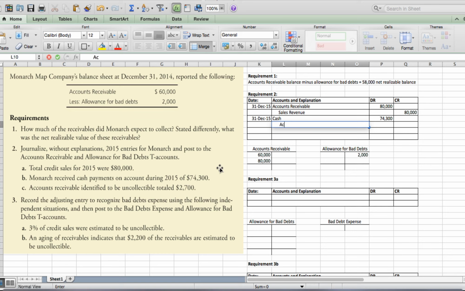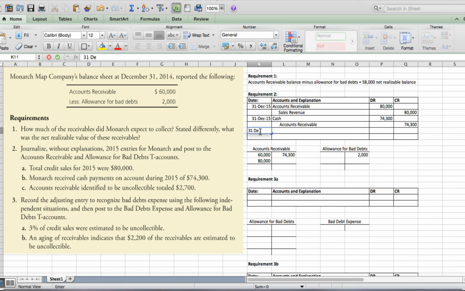So my accounts receivable is going to be credited so that it goes down by that amount. Okay, and again, accounts receivable is one of these two accounts, so I will do what I did here, or credit accounts receivable for $74,300. Okay, everybody with me so far?